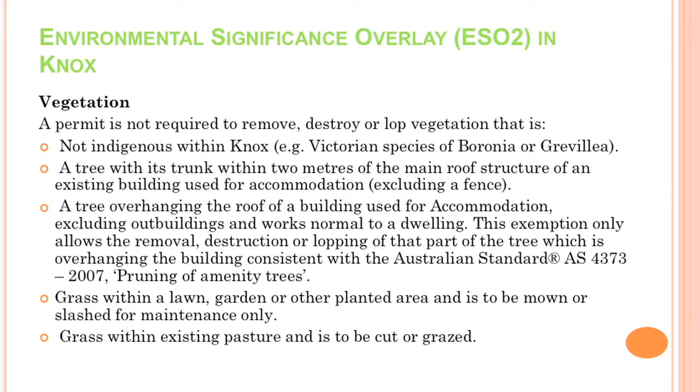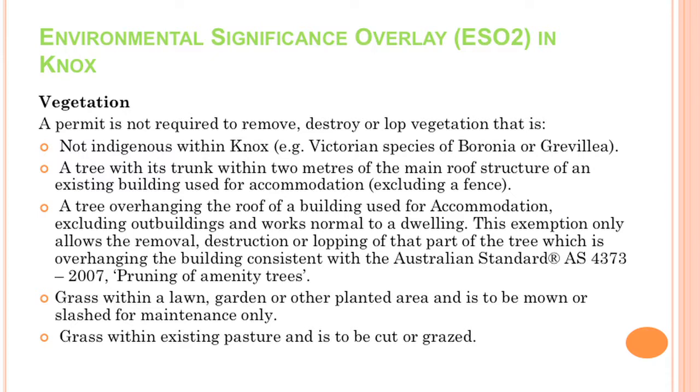Just to recap the whole thing, say we've been asked to do a report on a particular property in Boronia, and it has an SLO2, an ESO2, a DDO2, Design and Development Overlay Schedule 2, and a General Residential Zone 2. Our property report shows all of those overlays and zones on the property.